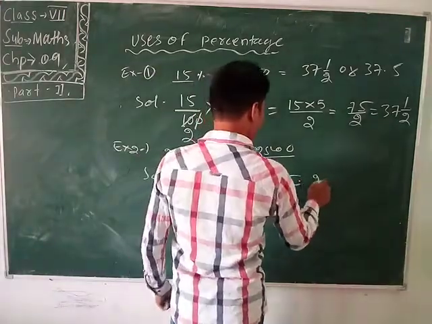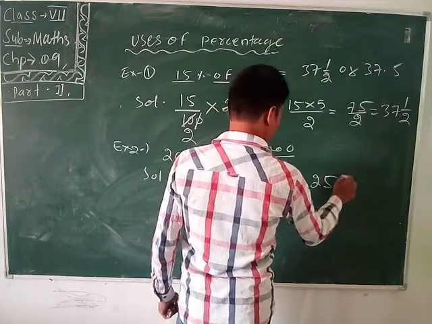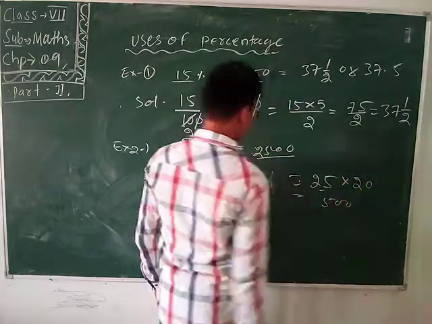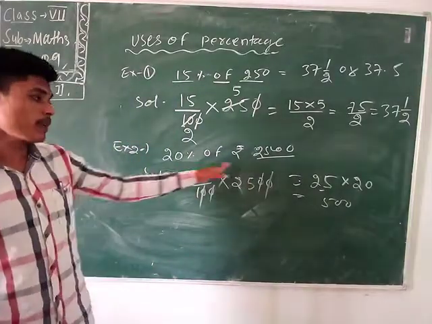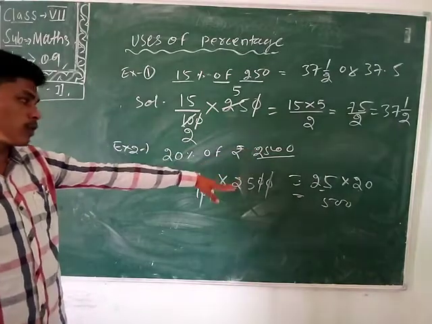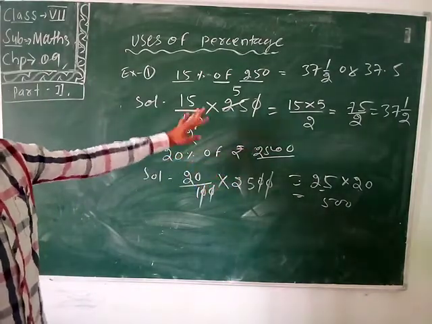Now 25 into 20 gives 500. So 20% of 2500 is 500. The answer is 500.